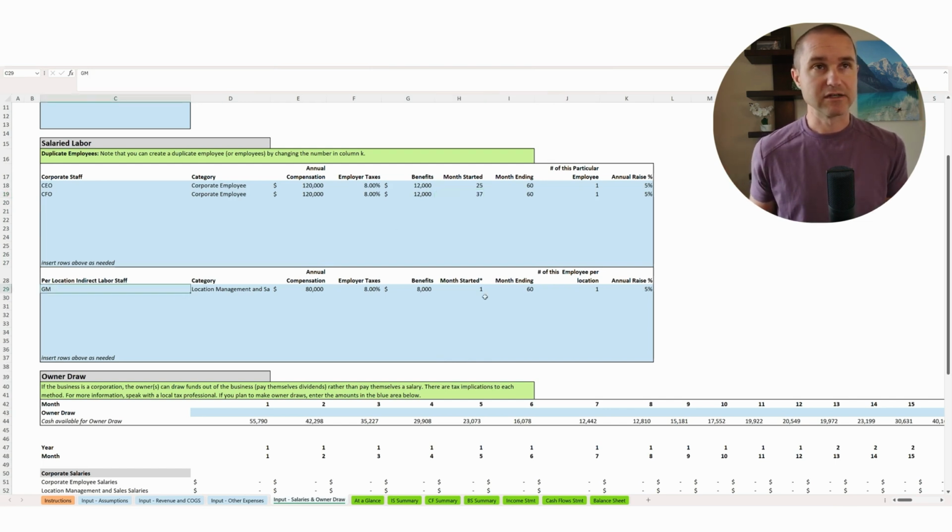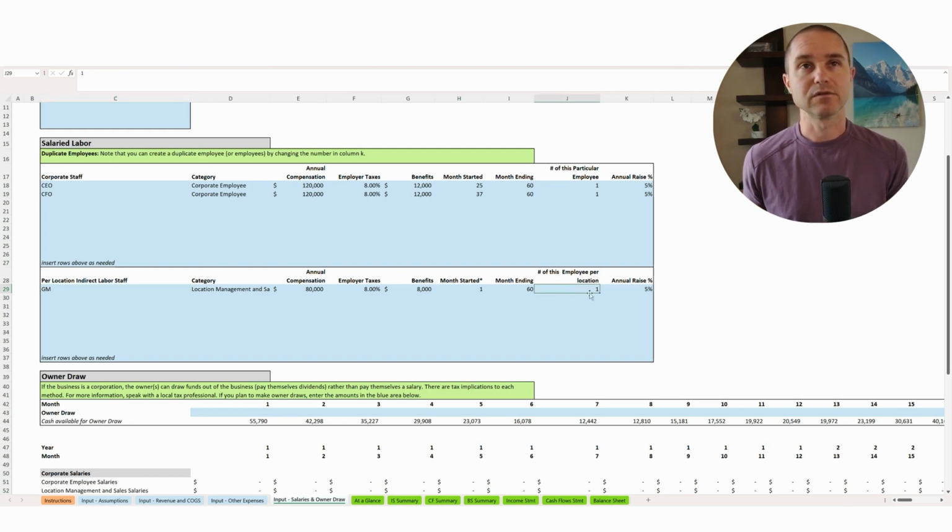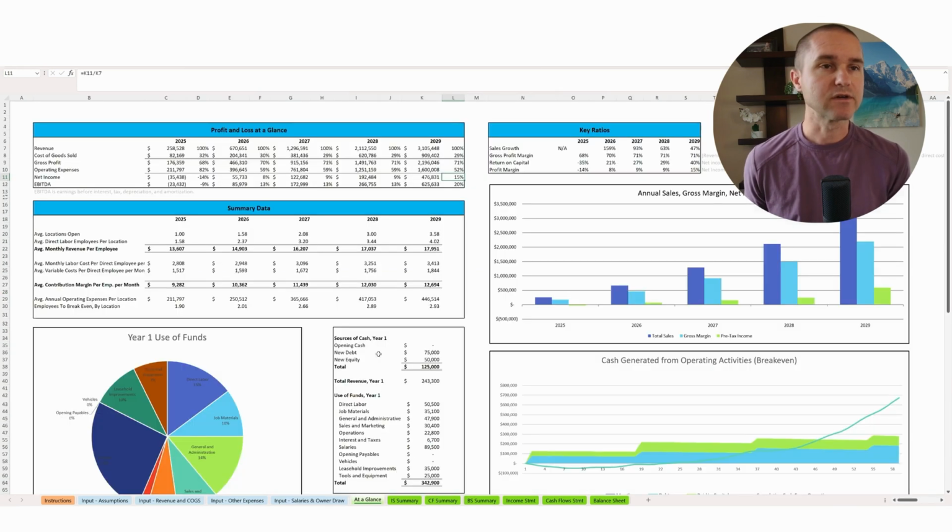Again, you can have a general manager for each location that automatically gets added here. This says number of this employee per location, right? So automatically in month 1, when that new location opens, we're going to hire a general manager. So that's what this looks like. In this multi-unit one, you can see you're getting up to 3.1 million in sales by the end of year 4 because we have multiple locations open.